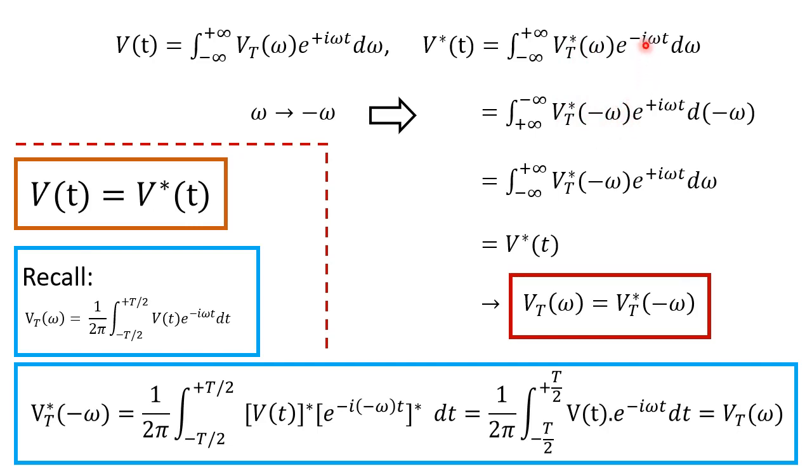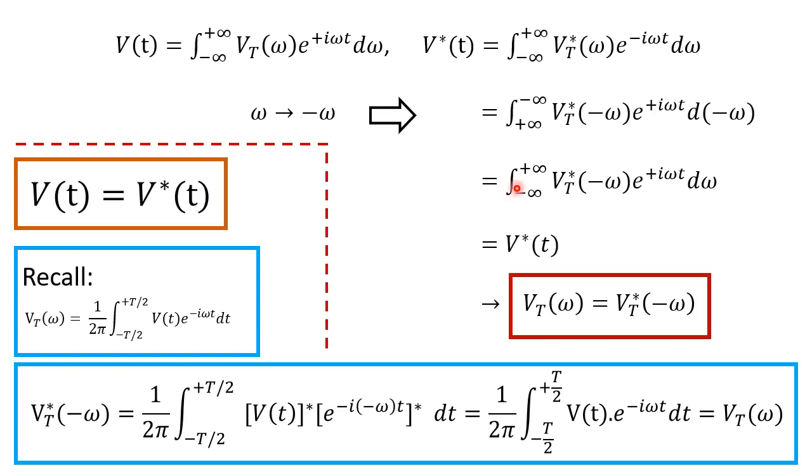And exponential minus i omega t has become exponential plus i omega t. And my integration frequency bin is becoming d of minus omega. So now if you rearrange, because of this minus omega, I can realign my limits of integration.